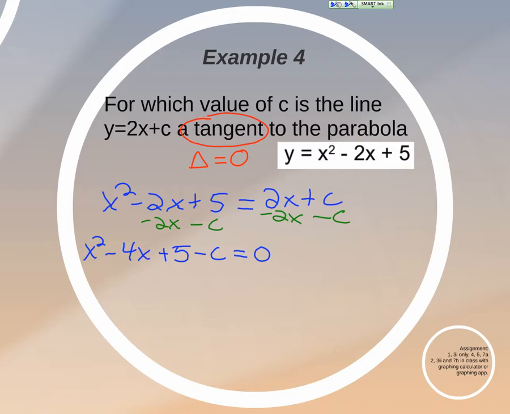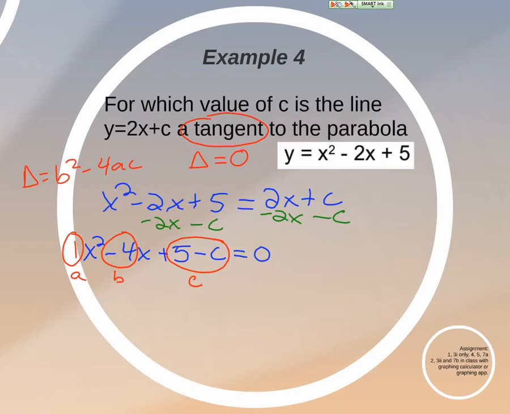Now, remember that discriminant is b squared minus 4ac. Well, my a is 1, b is -4. 5 minus c is actually what will go in our c spot. Even though we're not used to having an expression there, we're used to that being just a number.